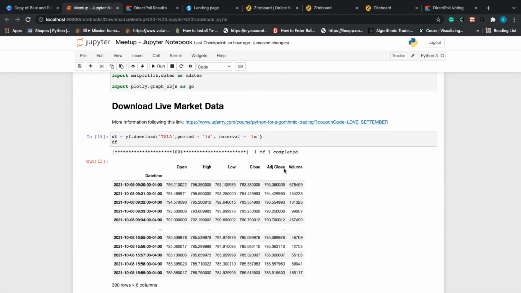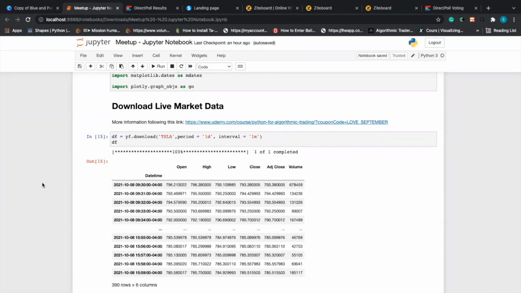Otherwise, there is Alpaca that I'm using, and I'm going to type it in the chat, Alpaca and Binance for crypto. But I never tested the CCXT API. And for people who have the license, you can use Bloomberg, which is another API, but it's quite expensive.